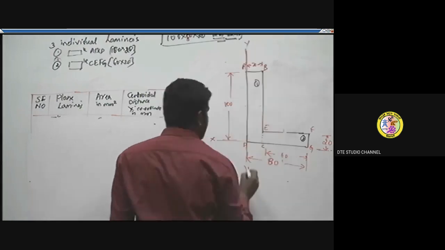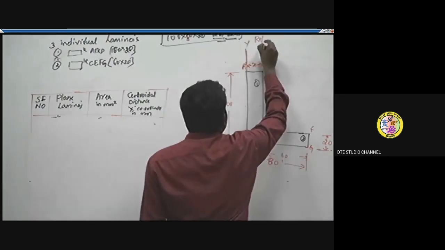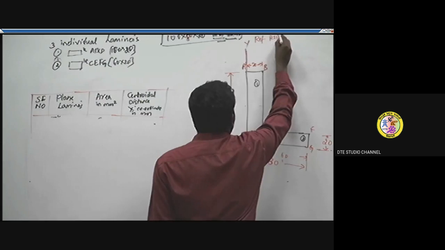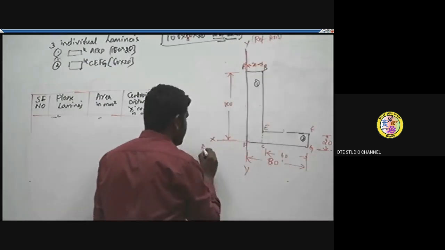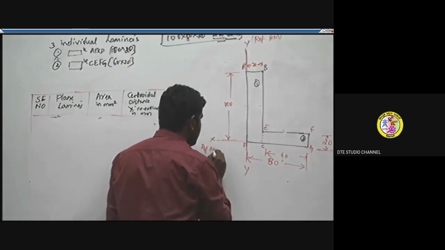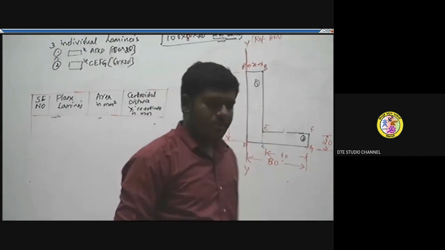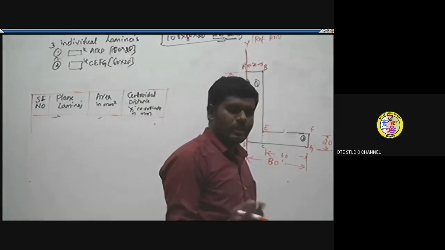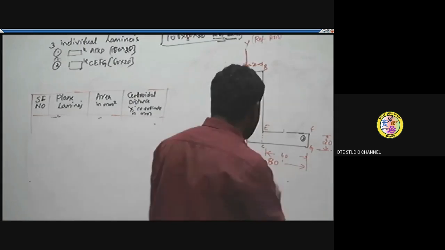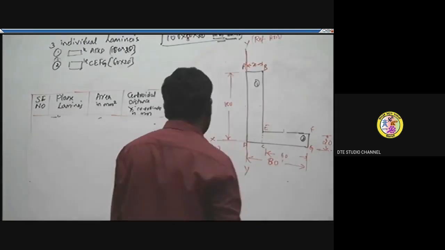I'll write: this is the reference axis for calculating the x coordinates, and this is the reference axis for calculating the y coordinates. To locate the centroid, we may need two coordinates or one, based on the symmetry of the given section.